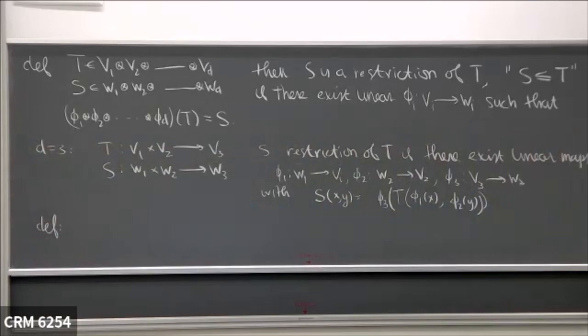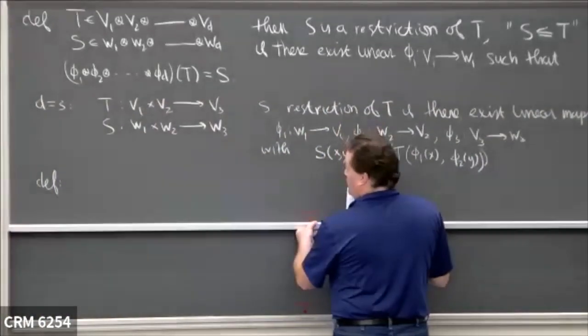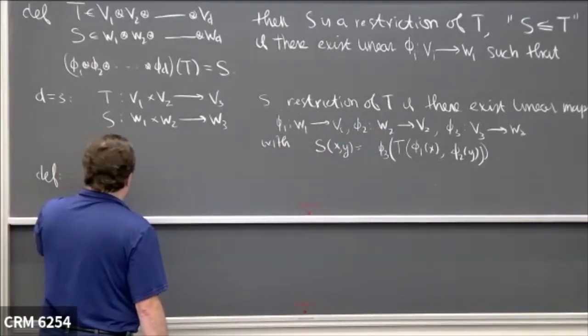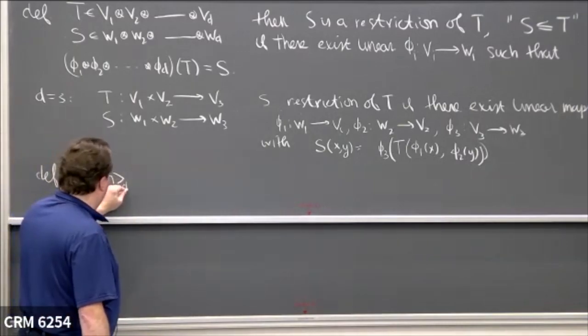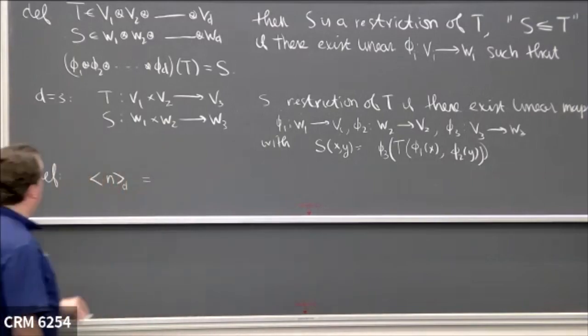So you reduce the computation of S to a computation of T, plus some linear maps. Now, there are some very special tensors. The tensor that I'll need in this talk is this tensor, some authors use this notation with N. They also put an index D, because usually D is 3, but not always.